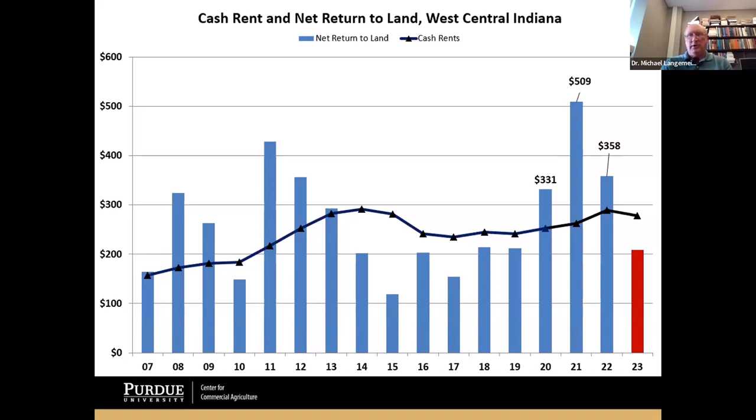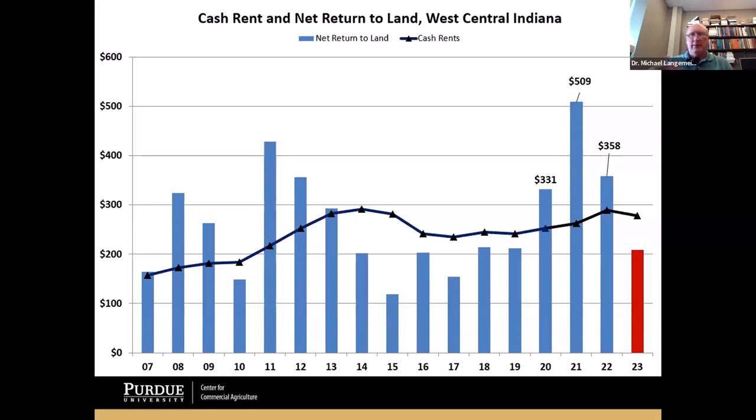If net return to land stays relatively lower, as 23 is an example, and if 24 is also $200, you're probably going to see some slight downward adjustment in cash rents continue past 23. We're not talking huge percentage reductions, but there certainly would be a tendency for stable and declining cash rents if we see this coming.